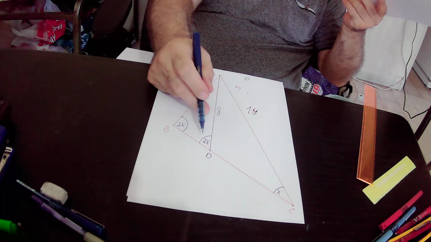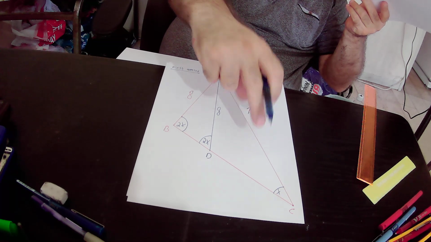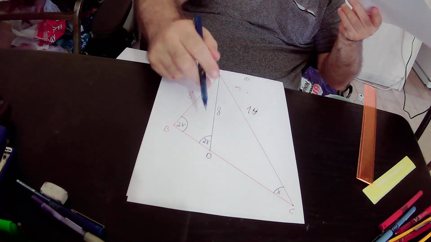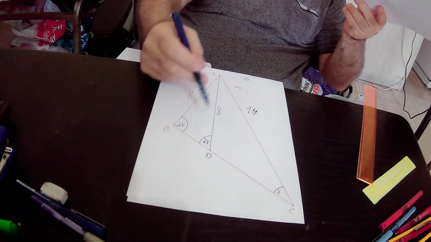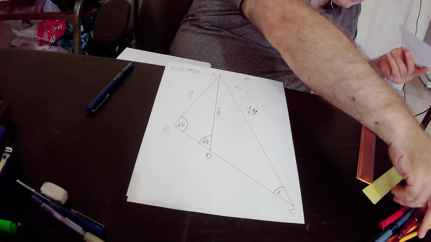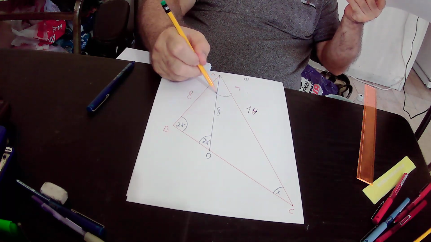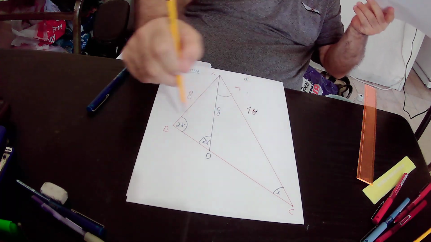2x is exterior angle in relation to triangle ACD, so the exterior angle 2x equals the sum of those two interior angles, angle DAC plus angle ACD.